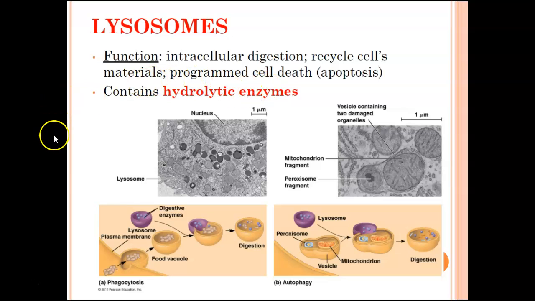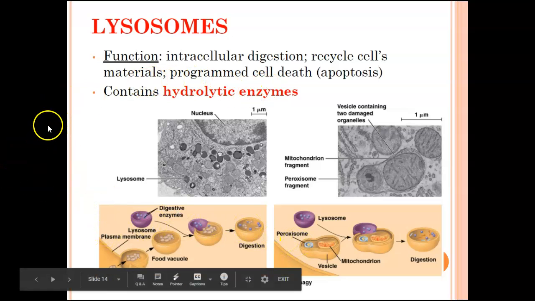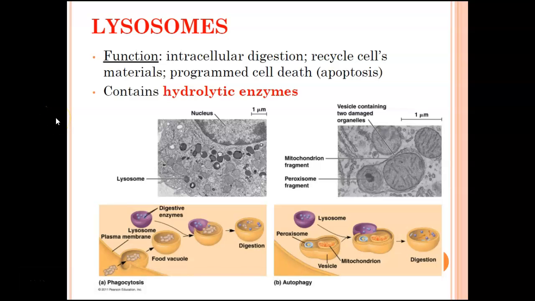Pictures of lysosomes, two examples here. You can see phagocytosis occurring on the left model, where a food vacuole enters the cell and a lysosome aids in this digestion. You can also see a vesicle containing a mitochondrion and also a structure known as a peroxisome, which we will discuss its purpose later.